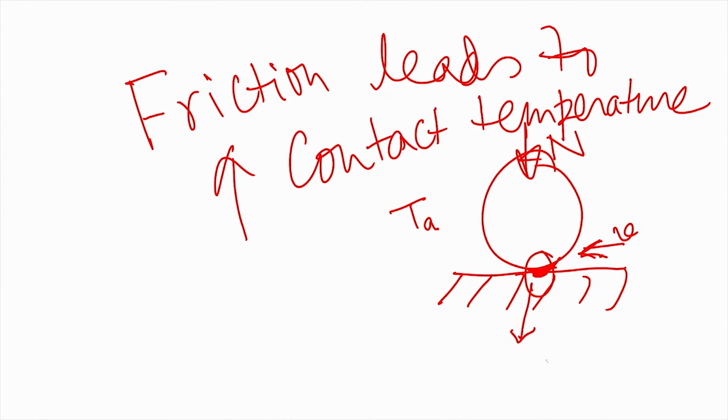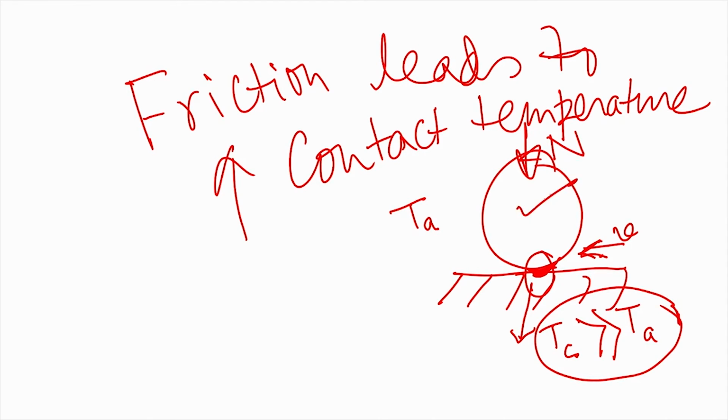Although this entire test is conducted at ambient temperature Ta, the temperature generated here at the contact, Tc, is much higher than the ambient temperature, and how high it would be depends on the physical properties of the two solids, like the thermal conductivity of these solids, and the mechanism of heat dissipation, like conduction and so on.